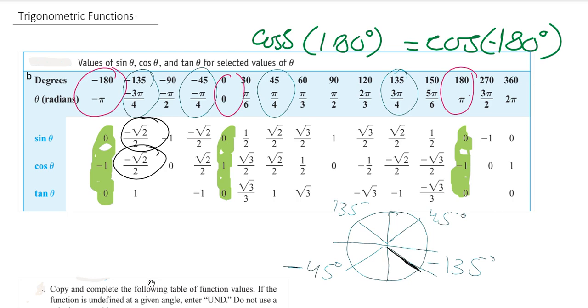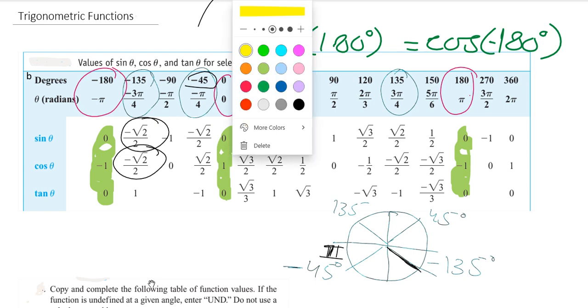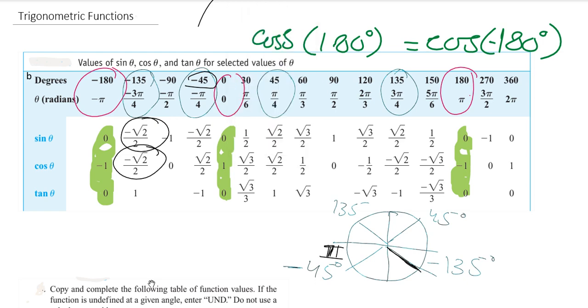Okay, similarly, if we see negative 45, that is in the third quadrant, and only the cos value will be positive and the sine and tan value will be negative, as you can see over here. Let me just highlight this. So the signs will change along with the quadrant.